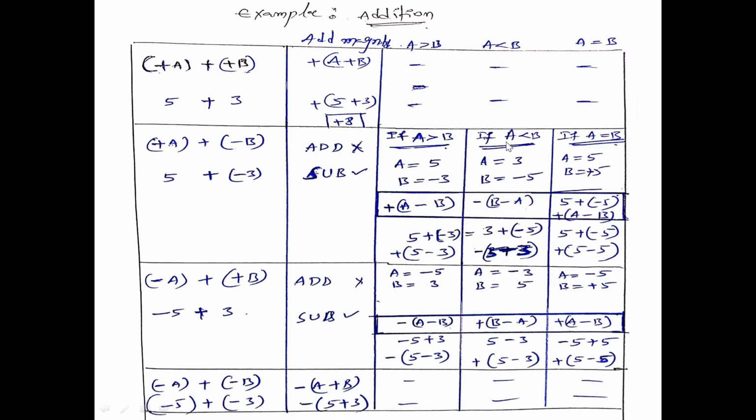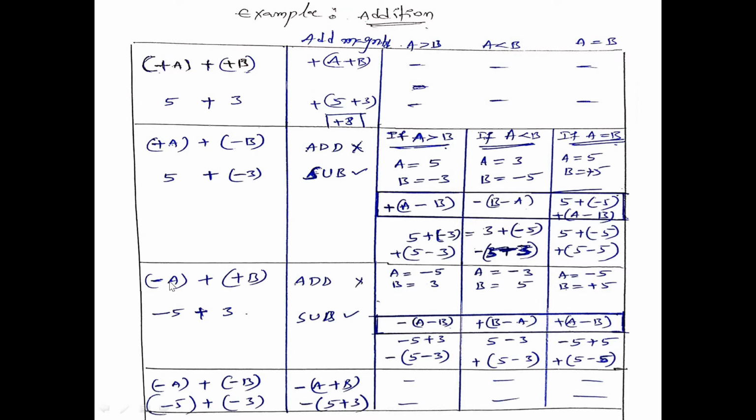Coming to the second case, a less than b. Here a is a negative number, so minus 3, and b is a positive number, that is equal to 5, because b is greater compared to a. 5 is the positive number, a is the negative number.